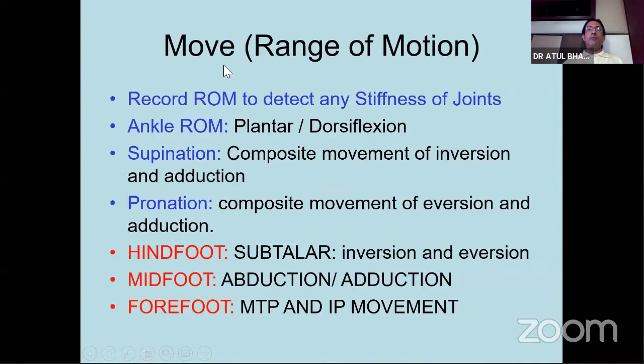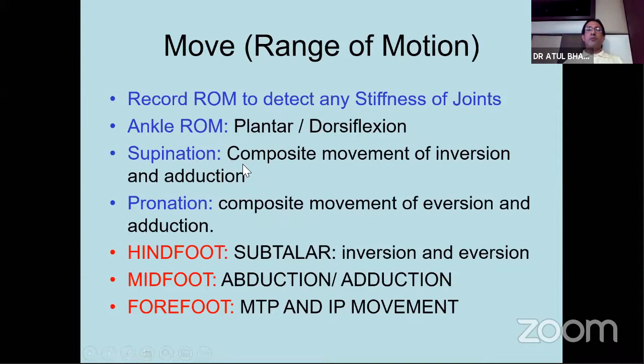And then you come to the movement. After palpation of temperature and tenderness, you look at the movement, and you must record movements again in order: forefoot movements, where you look at the toes; the midfoot, where there is abduction and adduction; and the hindfoot, where you look at the subtalar joint for inversion and eversion; and you look at ankle plantar flexion and dorsiflexion.